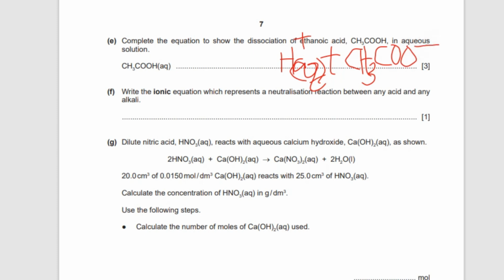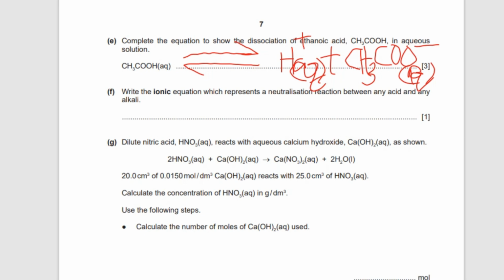Okay, that becomes an ion, and you put the state symbol aq. Okay, so that is aqueous. Because this is a partial dissociation, you are going to put a reversible sign. Okay, a reversible arrow.